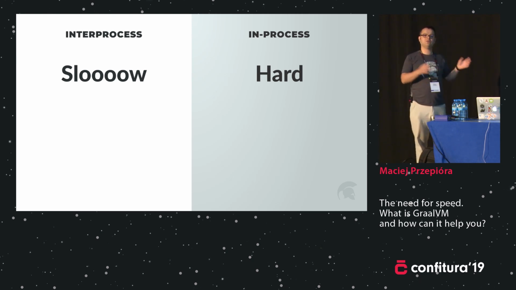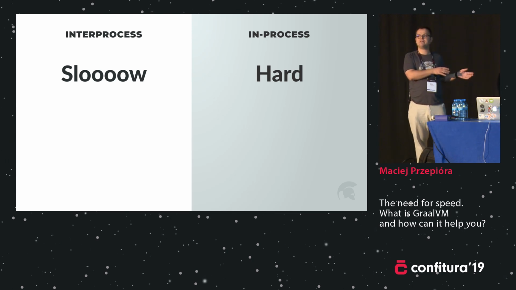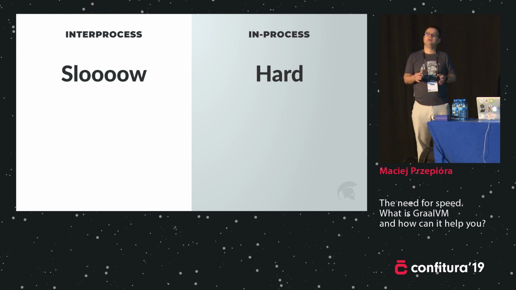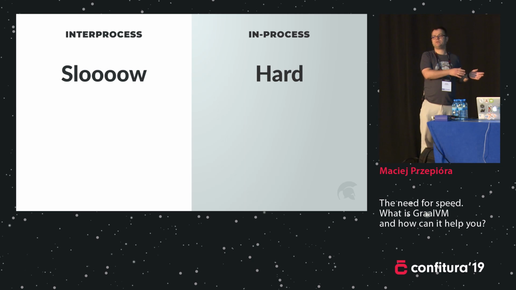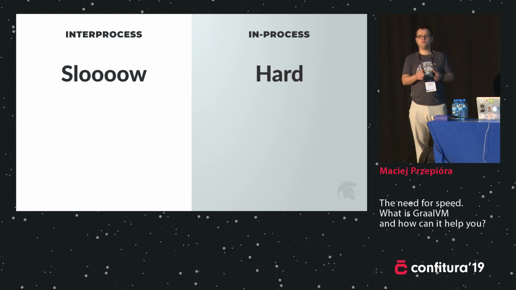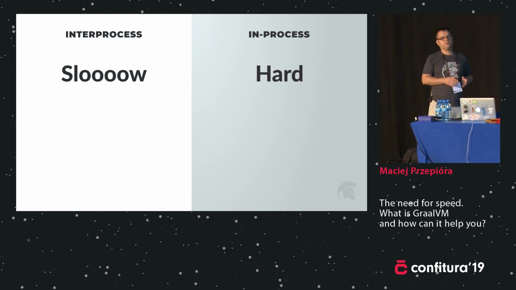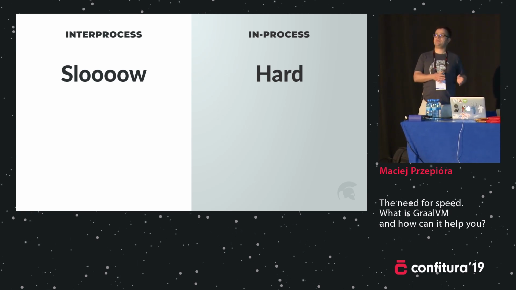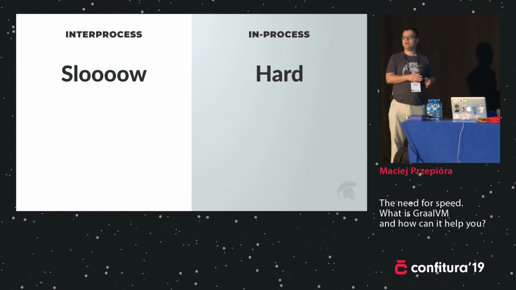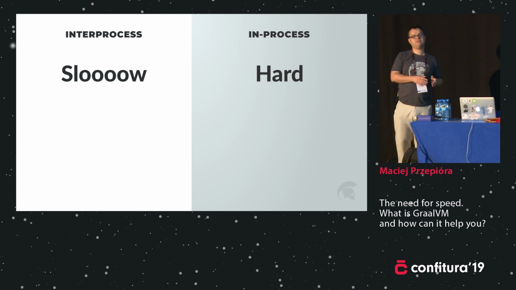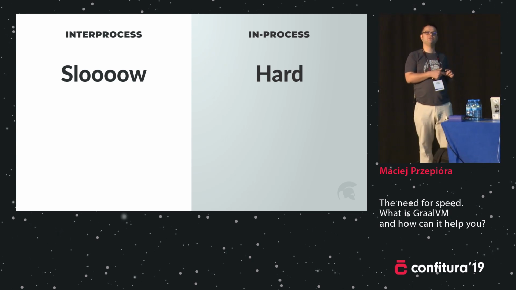For example, if you want to do some big data analysis and use Python for part of this analysis and then R for the other part, then you're screwed, because the data that is processed will need to be transferred between the two processes, right? And then, well, you could argue, let's do it in process. So let's keep the data locality, let's keep it in one process, and then you're screwed because you need to use C to stitch the two together. Would you like to stitch Python and R together?